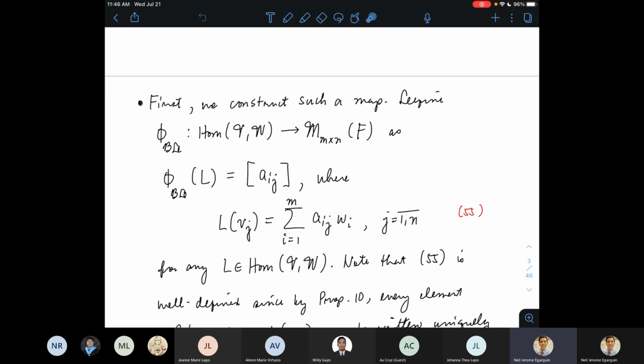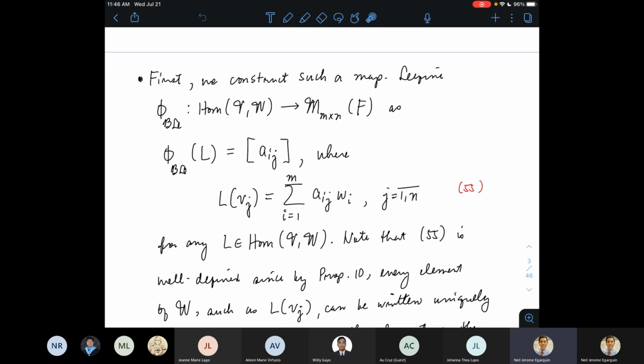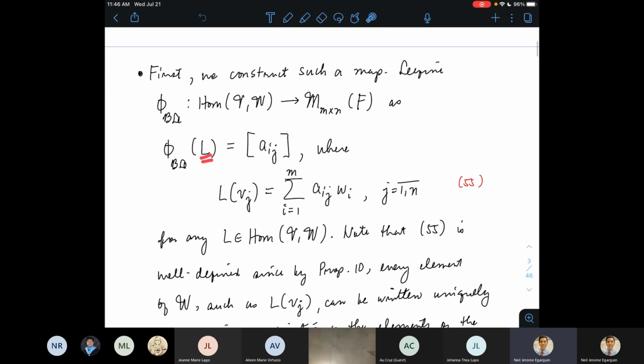But basically, para makuha yung image ng isang isomorphism L, kukunin ko yung image ng lahat ng basis elements nung vector space V. All right? And then I would look at how the image of a basis element of V is expressed in a basis expansion using the basis elements of W.